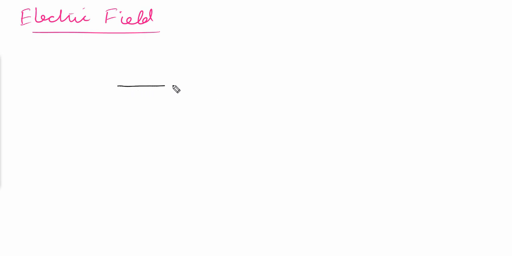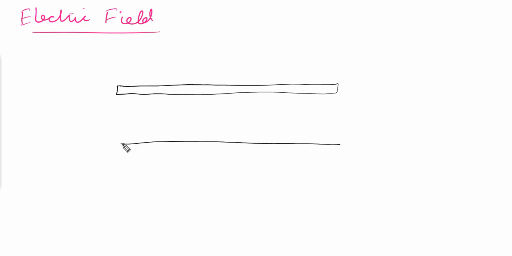Alright, so let's consider a positive plate and a negative plate. This plate has become positive by being connected to the positive terminal of the battery, and this plate has become negative by its connection with the negative terminal of the battery.